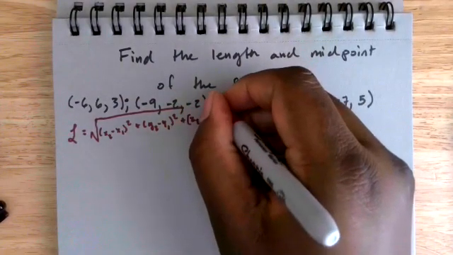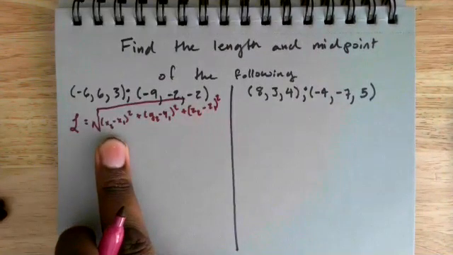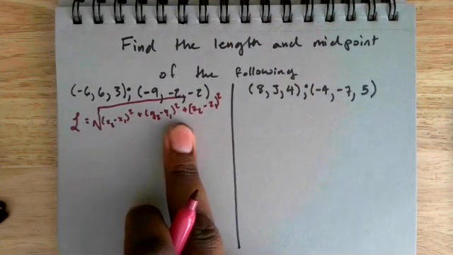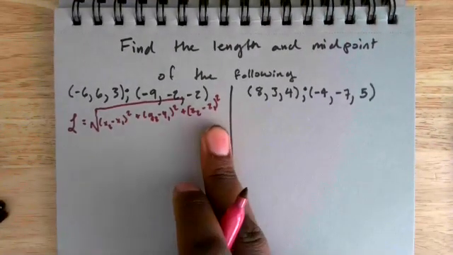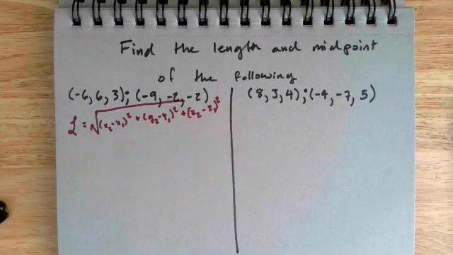And once again, just think, I'm just saying the difference between my x values squared, difference between my y value squared, difference between my z value squared. It's just the Pythagorean theorem in a way. All right, just reimagined.